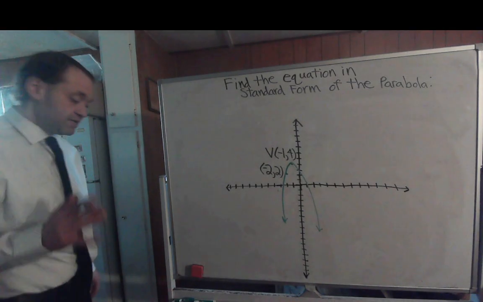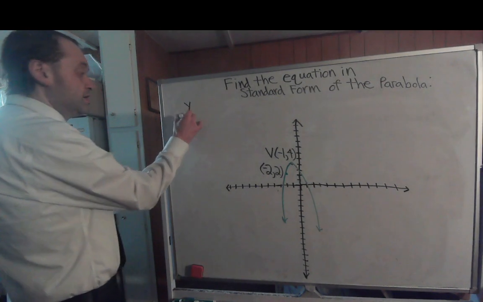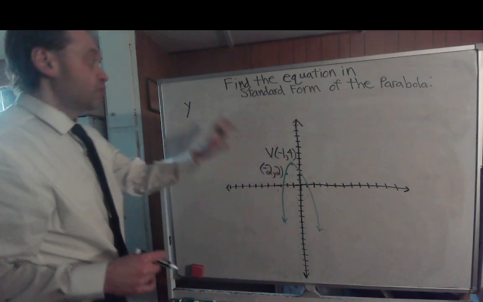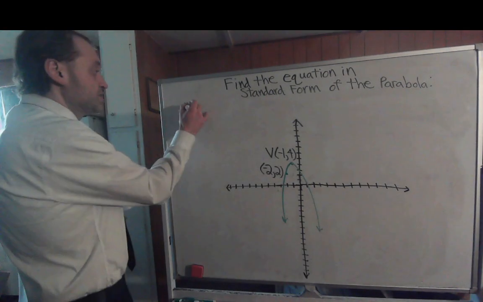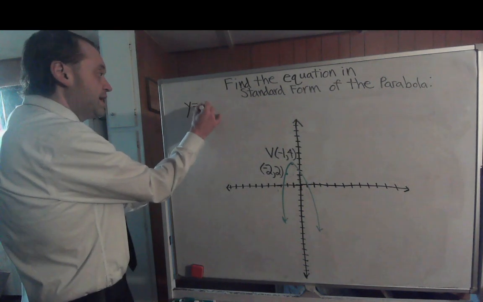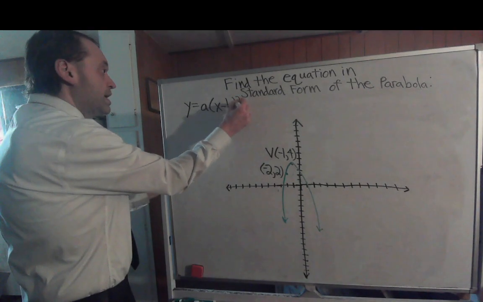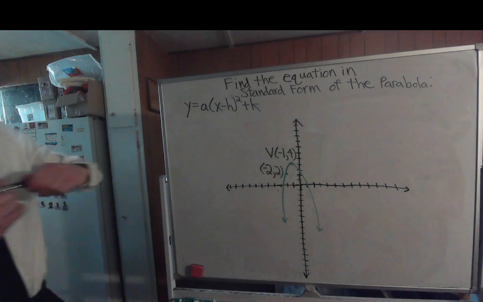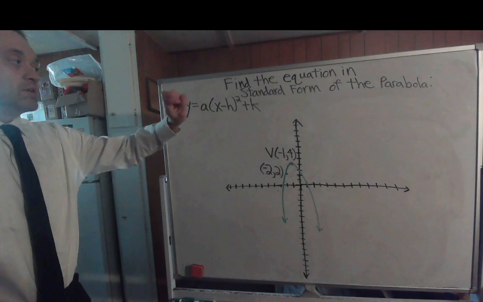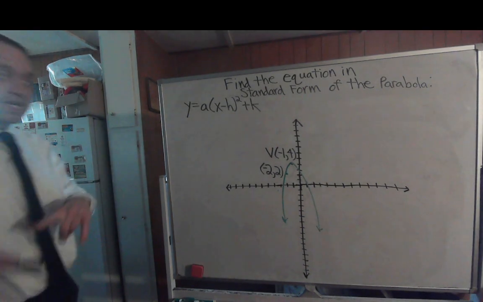How are we going to find the equation? Well, again, since you are given the vertex, write the equation in vertex form to start with. So y would equal a times the quantity x minus h squared plus k. That's a quadratic equation in vertex form.